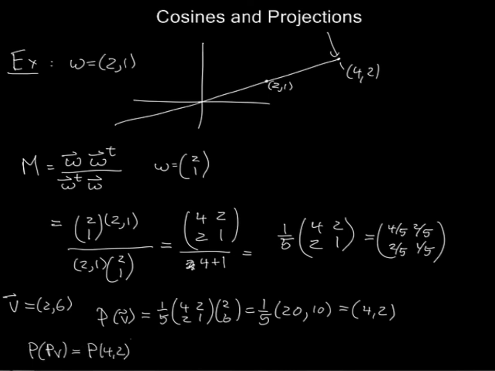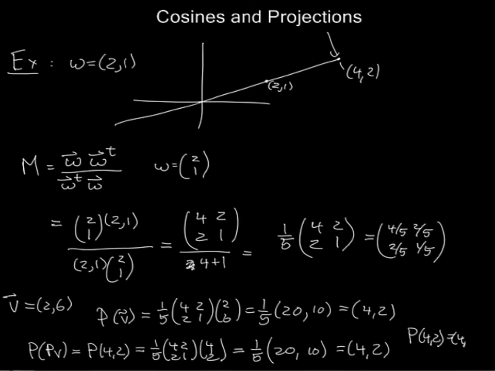And let's compute the projection again. If you project the vector 4, 2, you get this matrix operation, which is to say 1/5, 16 plus 4 is 20, and 8 plus 2 is 10. You're getting 4, 2. Aha! When you project 4, 2, you get itself. Good. All right, that's a lot for today, and I'll call it quits.